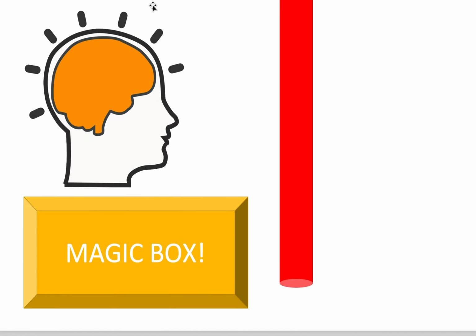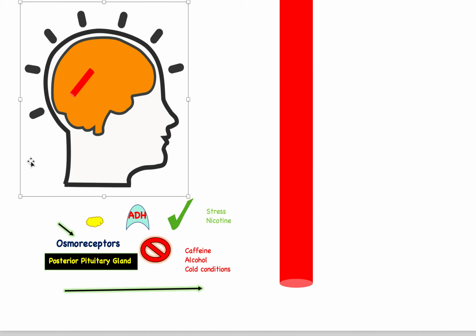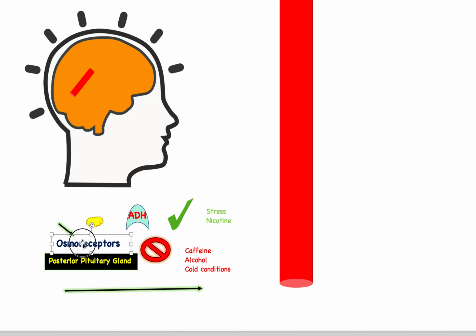So here we have a brain, a person's head, okay? Here's the brain. We're going to build a little diagram here and it's going to make all the sense. So let's open this magic box. You need to know that in your brain, just like in the rest of your body, you have small blood vessels like this, okay? Now this blood vessel is special because it can sense if you have enough water or not in your vessels, okay?